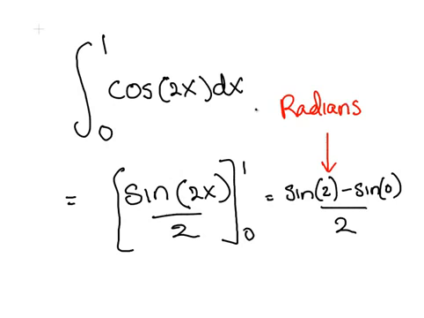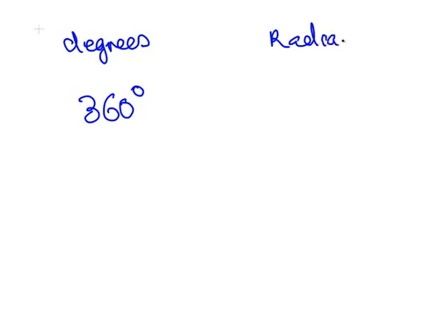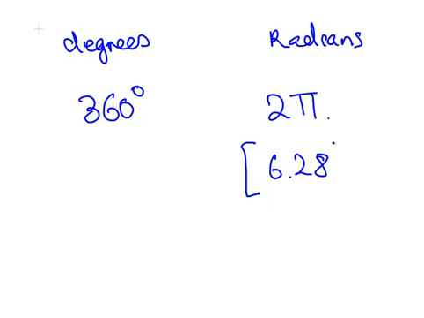If you're used to working with degrees, 360 degrees in radians is 2 pi, around 6.28.